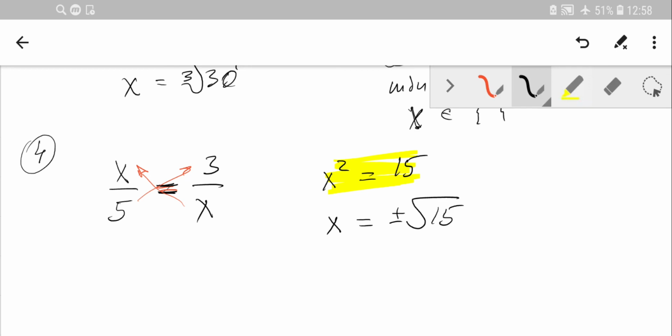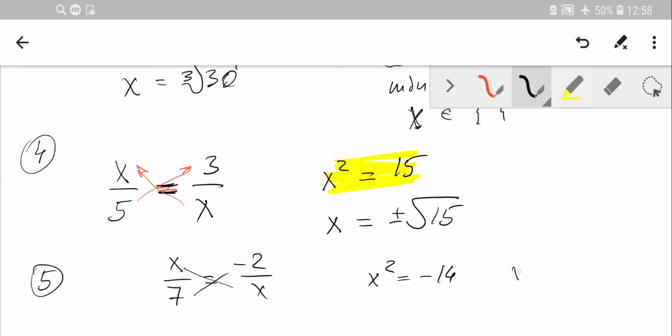Probably I'll give you one more, when we have something that doesn't have a solution. Let's say x over 7 equals negative 2 over x. We do the same because it's a fractional one, we crisscross, and we get x times x is x squared, and we get negative 14.